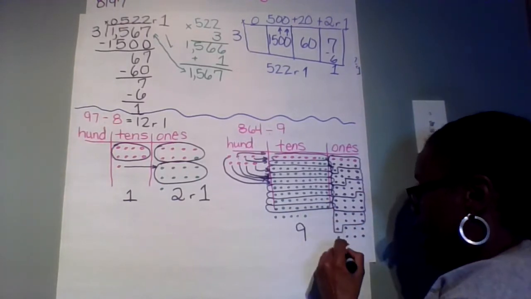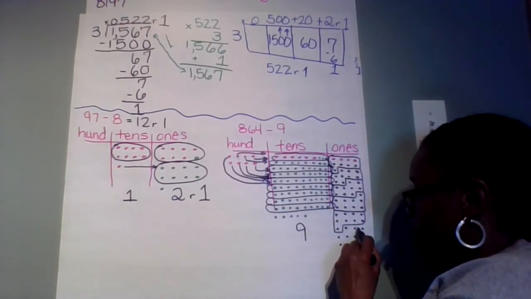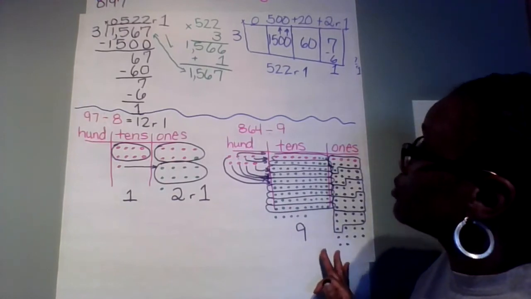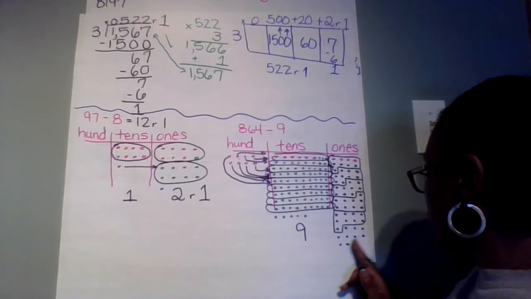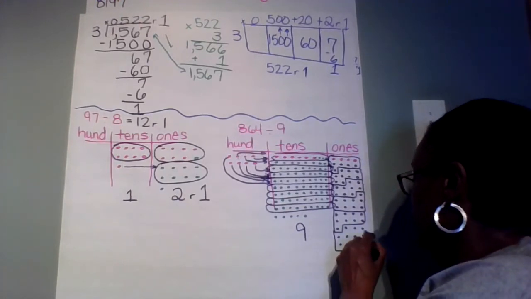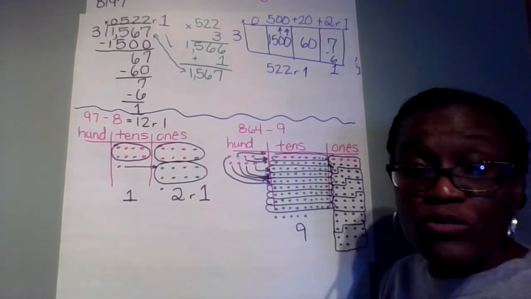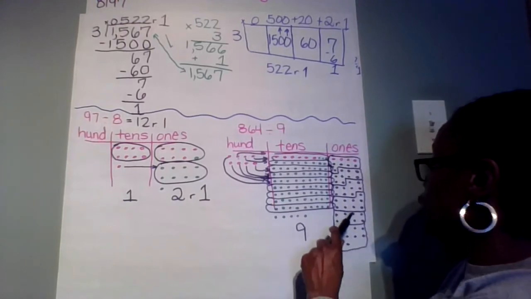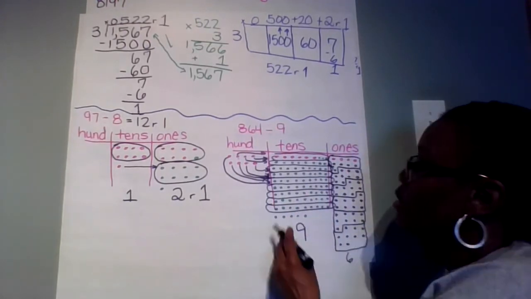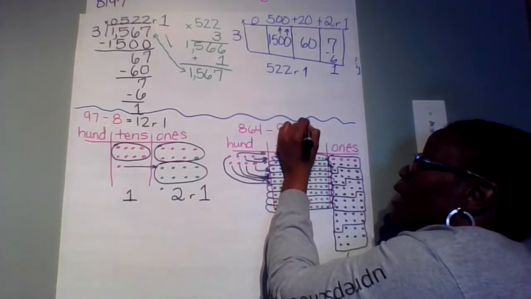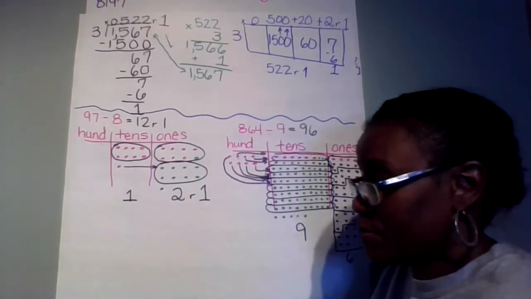Here's a group of 9. And I have my last group of 9. And how many groups total do I have? 1, 2, 3, 4, 5, 6. So now, scholars, my answer is 96.